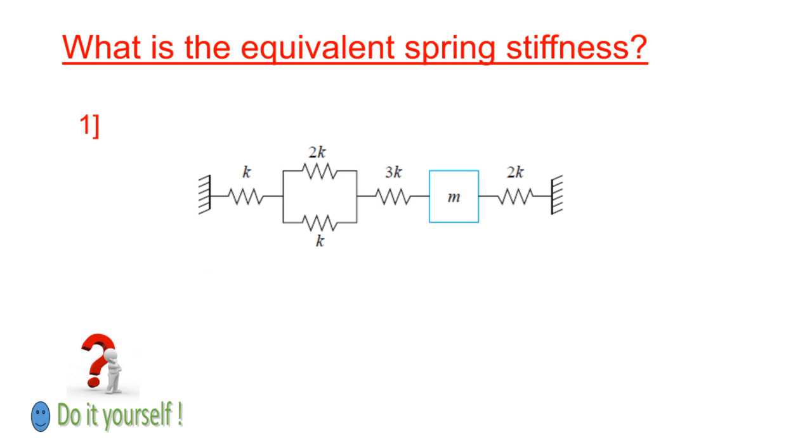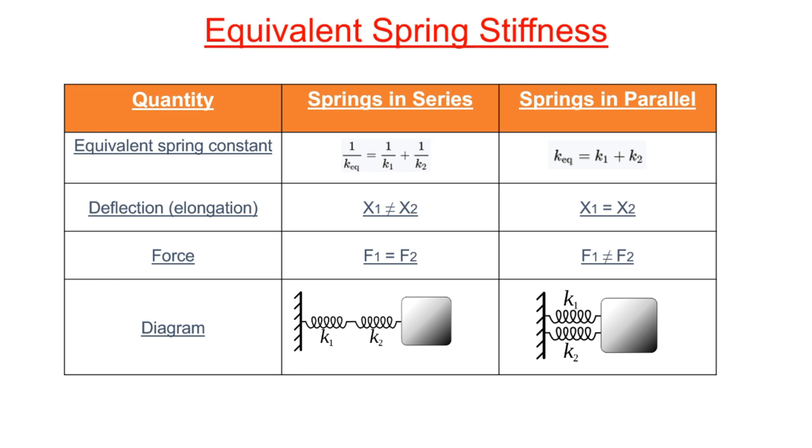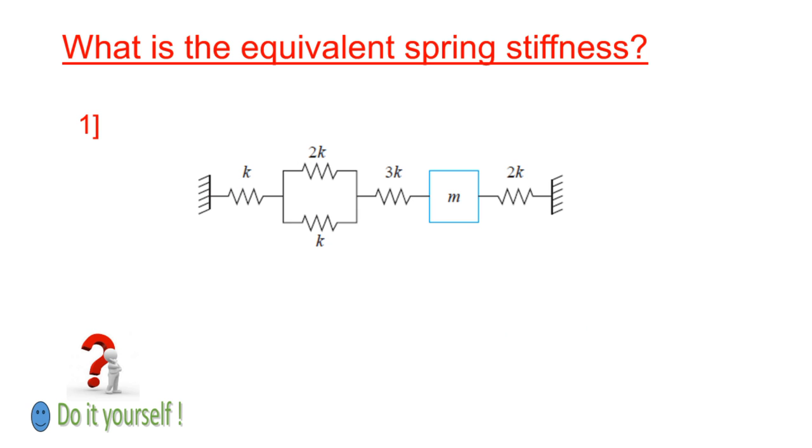Use the previous knowledge of springs in series and parallel and find the equivalent spring stiffness. Previously we have solved many problems to find the stiffness first and then the natural frequency, but here I have asked only to find this equivalent spring stiffness, and post the right answer in the comment box.